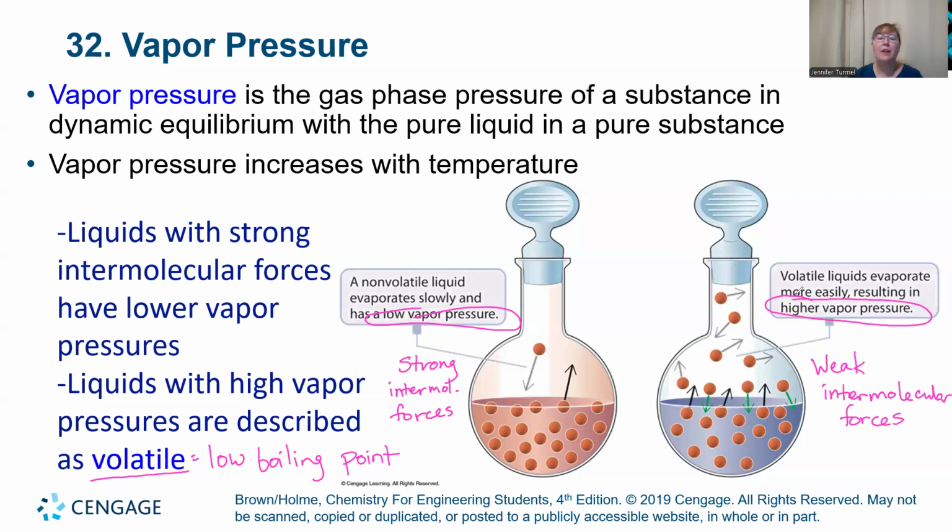So in strong intermolecular forces you only get a little bit of your molecules escaping to be vapor, and then in a volatile liquid with weak intermolecular forces you get a lot of escapage even before you hit your boiling point.